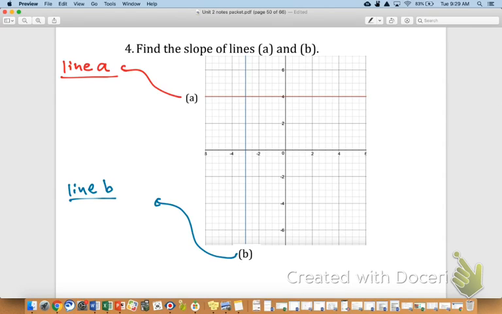Okay, anybody have a guess on line A? What's the slope of line A? What do you think, Bree? A 0? What do you think about that, guys?